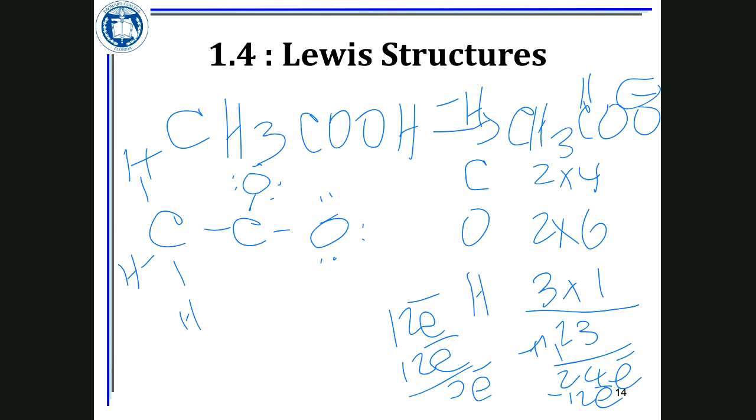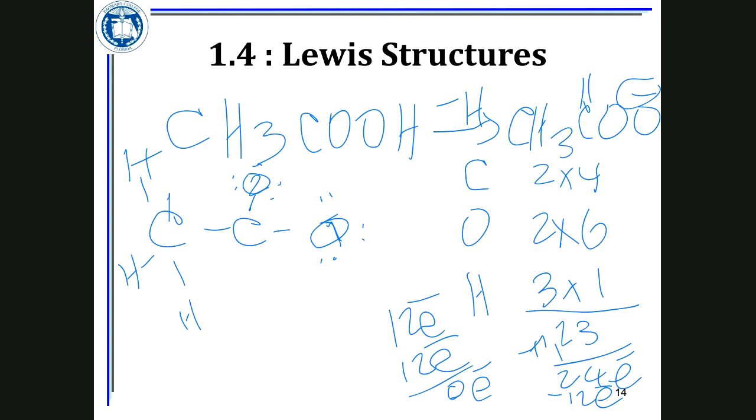When there are no electrons left, we have to go to the molecule to make sure every element is satisfied with 8 electrons. Now oxygen 1 is satisfied, oxygen 2 is satisfied, carbon 1 is satisfied, carbon 2 is not satisfied. So what would be the solution?